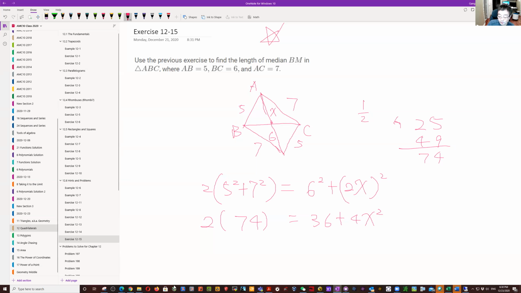And then we can factor out a 2 on both sides. Factor out, we get 37 equals 18 plus 2x square, and dividing by 2 on both sides, it's going to be 9 plus x squared.